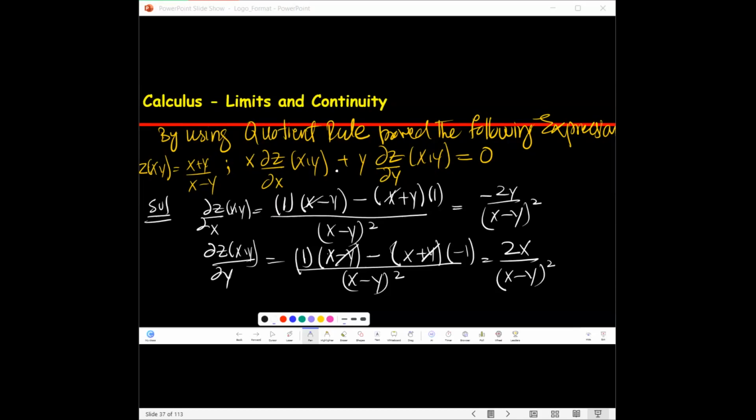Now in our equation we have x and y, so if I substitute this, it's going to look like this.